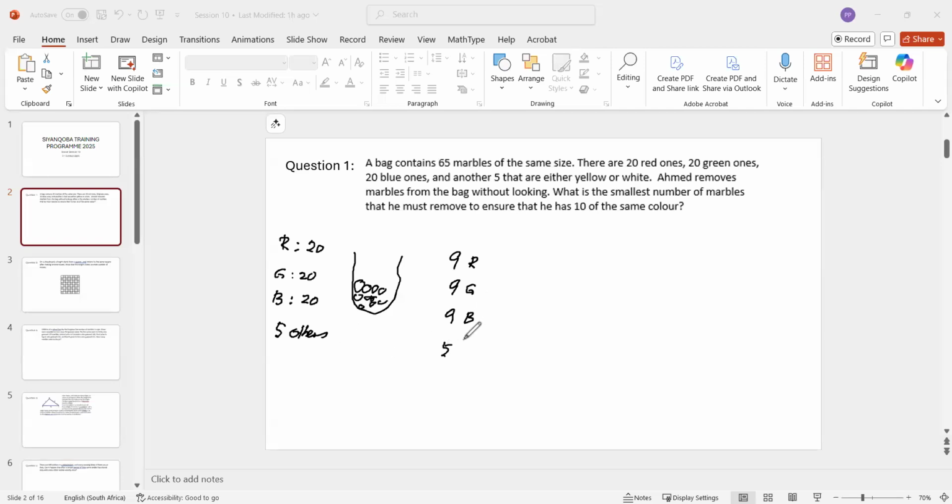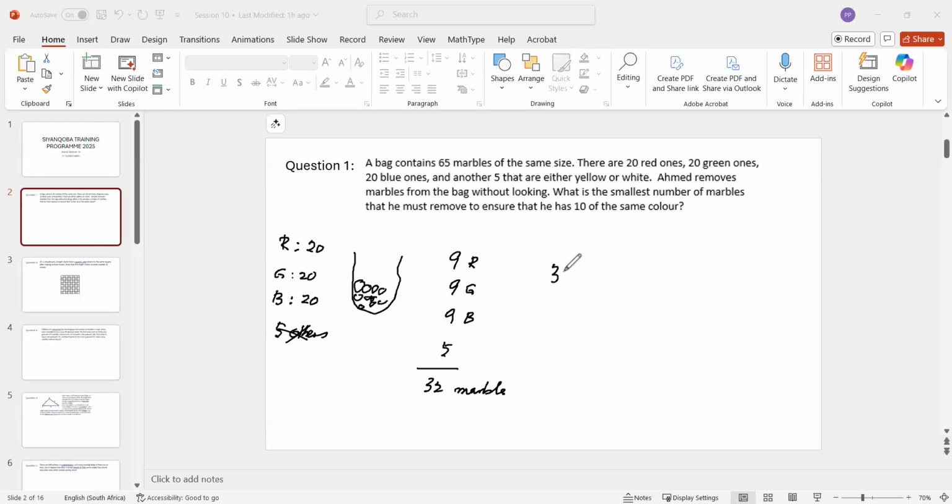Okay. But now, at this stage, he has collected 27, 32 marbles. Now, the moment he puts his hand in the bag, these are gone, and he'll have to take one of these now. Any one. The moment he takes one, you'll have 10 of the same color. So in other words, he takes 32 plus 1.